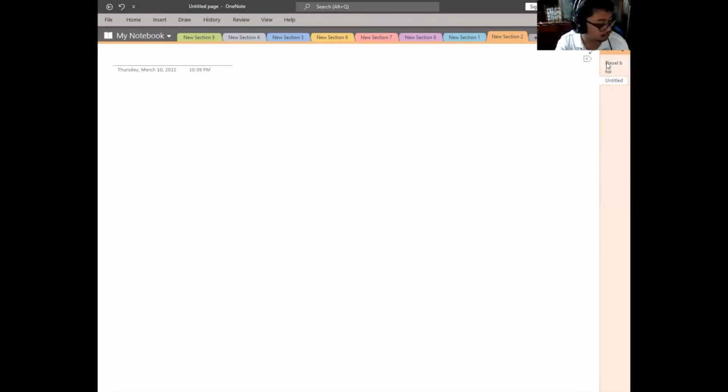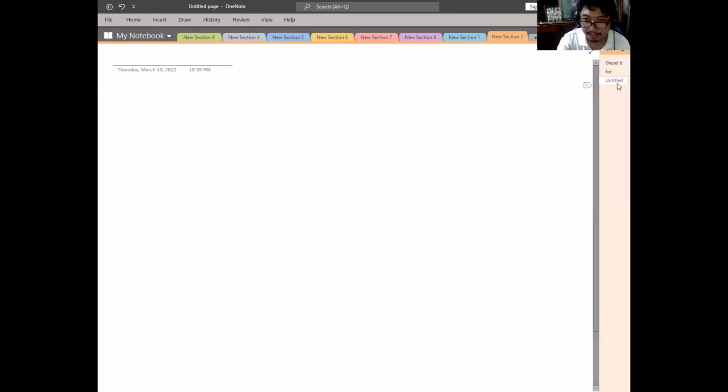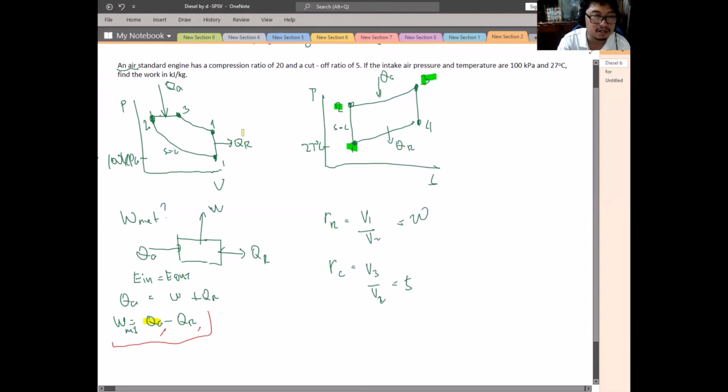But actually, I already tried to solve it using QR, and our data is insufficient. QR is the process 4 to 1, and we cannot get state 4 because we have no value for pressure 4.